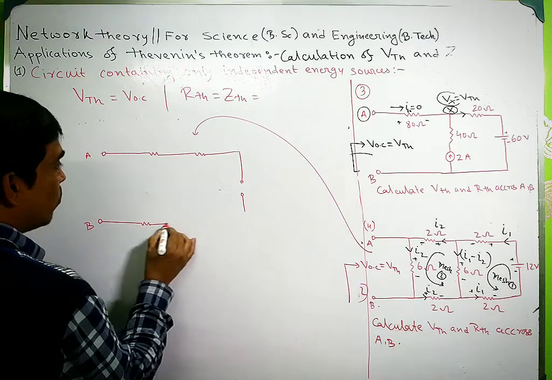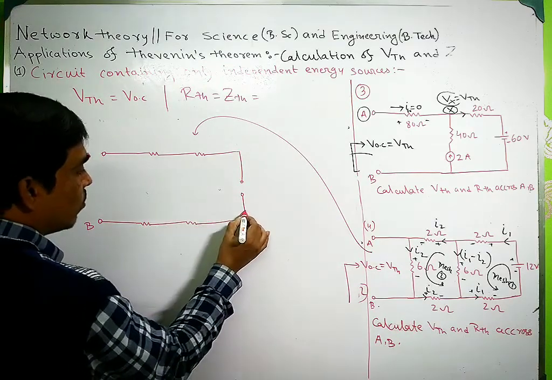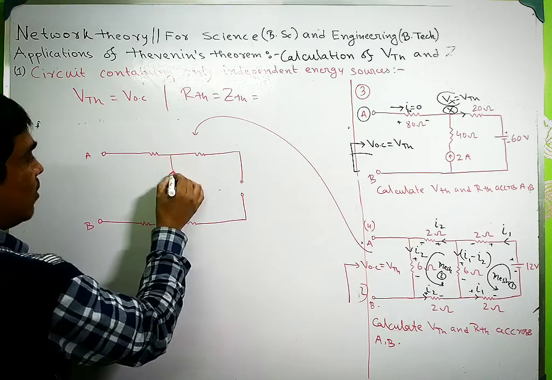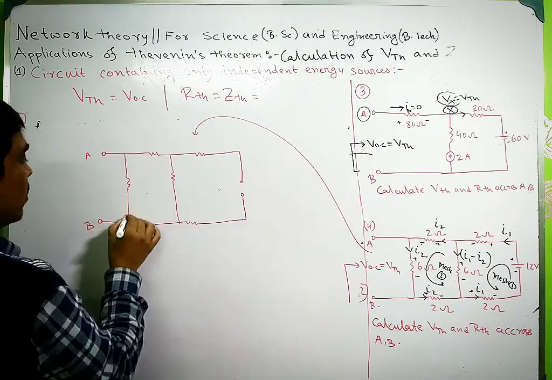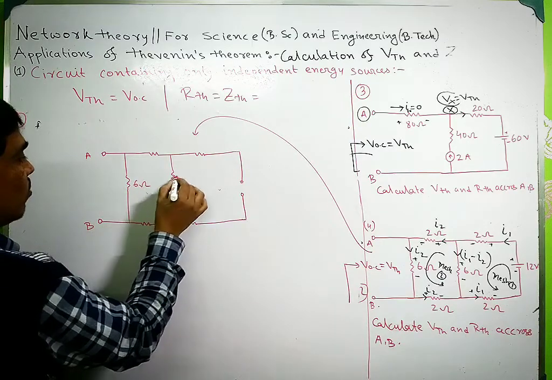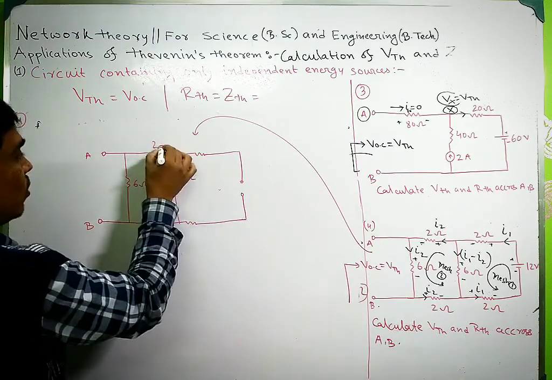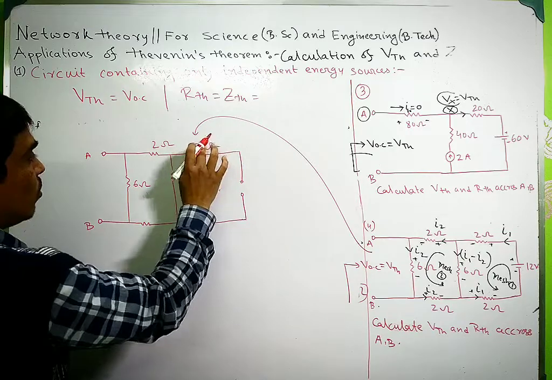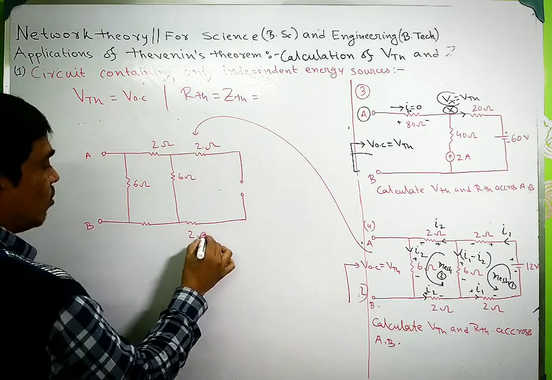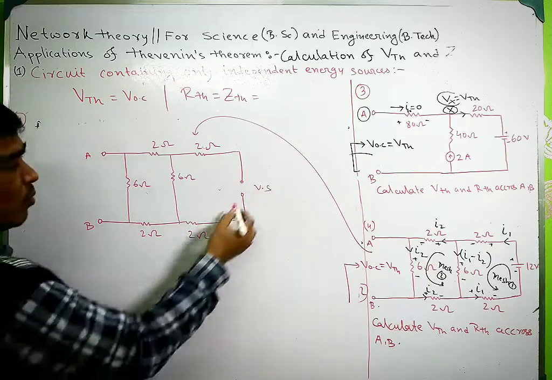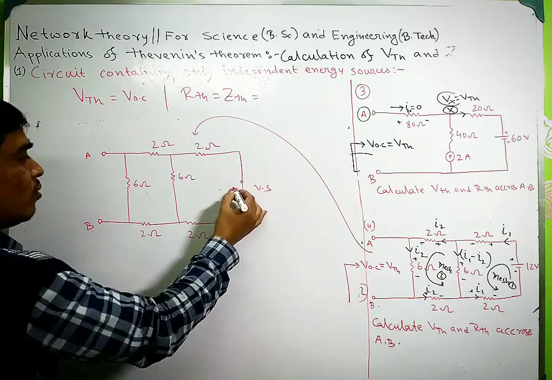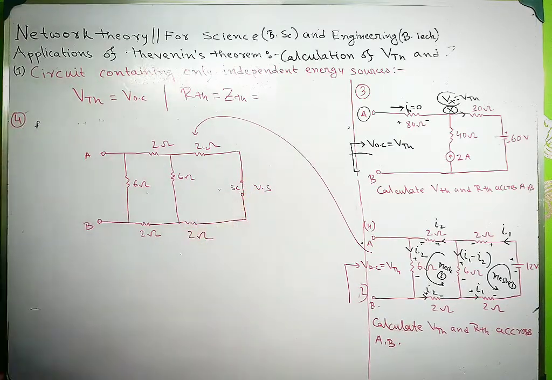This is 2, this is 2, and this is 6, and this is 6. So this is 6 ohm, this is 6 ohm, this is 2 ohm, this is 2 ohm, this is also 2 ohm, and this is the voltage source. The voltage source is to be short circuited.